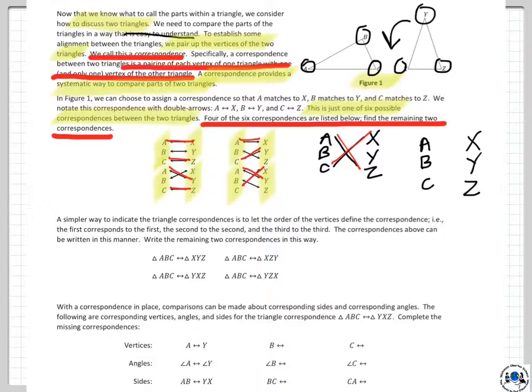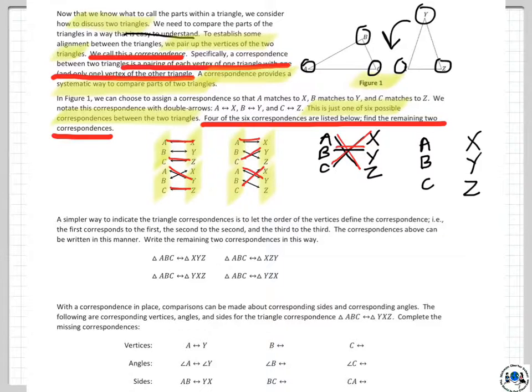Actually, one of those was Y, one of those was X. Anyway, you can see each letter matches up with the letters on the other side. How many different ways? 2 different ways. Okay, so we had that scenario.